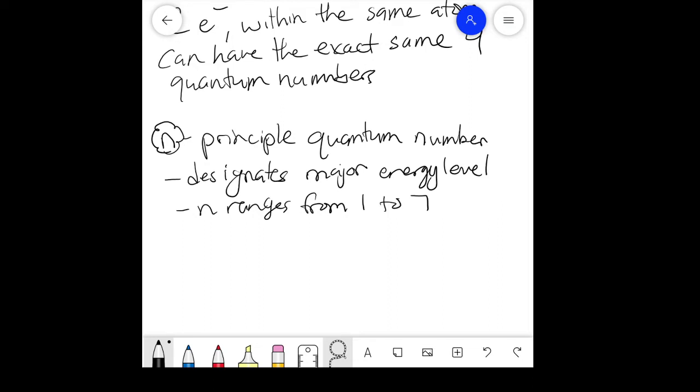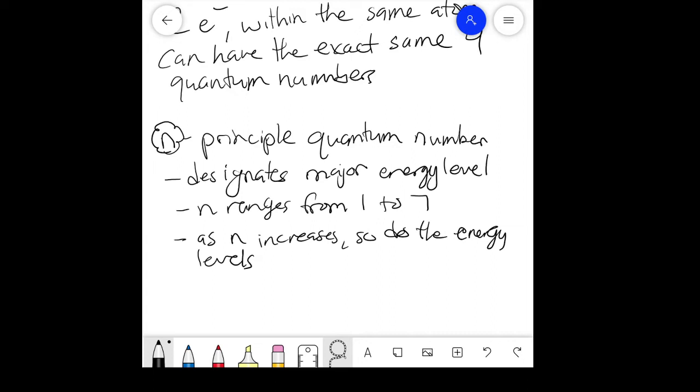As n increases, so does the size of the energy levels. Because as electrons get farther and farther away from the nucleus, the positive protons have less of an attraction on the negative electrons. If you only have one electron, that's going to be really close.